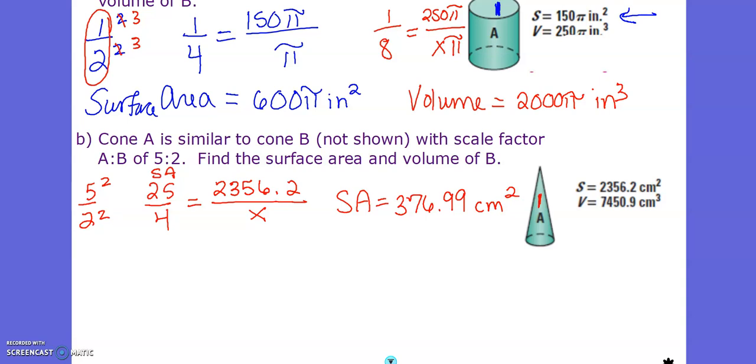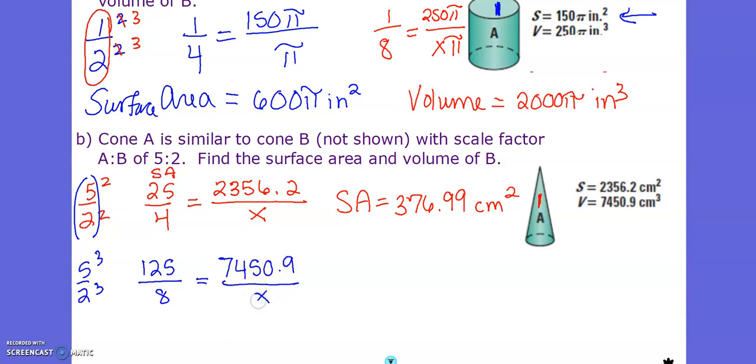We'll take a look at volume. Volume is going to be my original scale factor, 5 over 2, but now I cube it. 5 cubed is 125, 2 cubed is 8. Set up my formula with the volume. And we're going to cross multiply and divide as well.